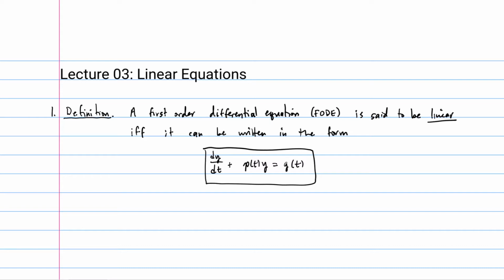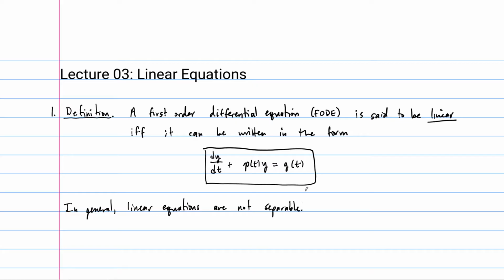Now, because of this g of t right here, these equations are generally not separable. So that's the end of our definition, but in general, linear equations are not separable. So the techniques that we learned in the last lecture will not apply, at least not directly.